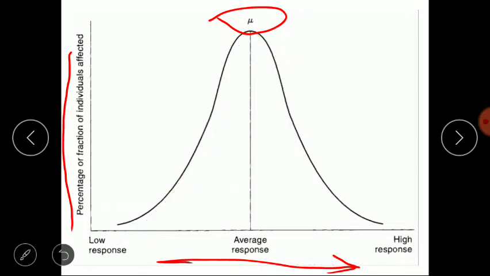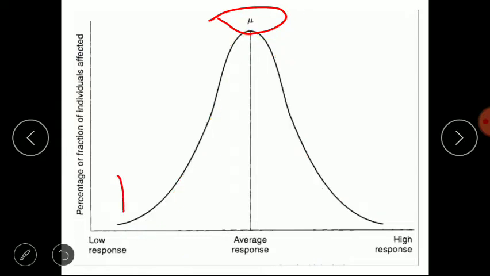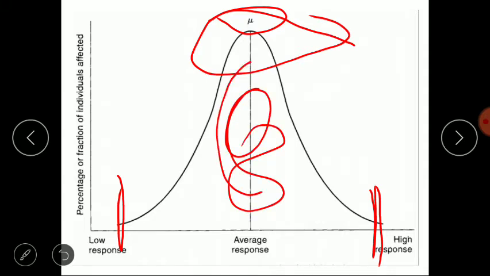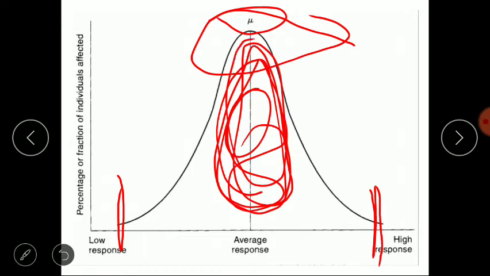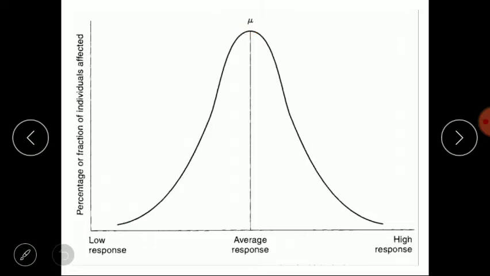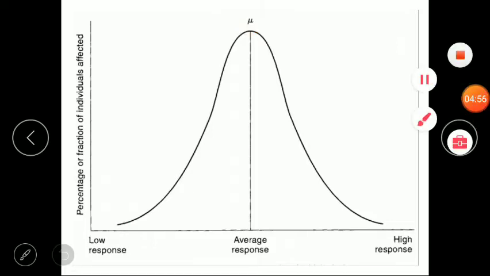From the curve itself we can see that some individuals have a low response, some have a high response, and the maximum number of persons have an average response. The area under this curve holds the maximum number of responses. It is probability theory, so that's why we consider the Gaussian or normal distribution curve. This is how the data is analyzed and recorded for a number of doses.